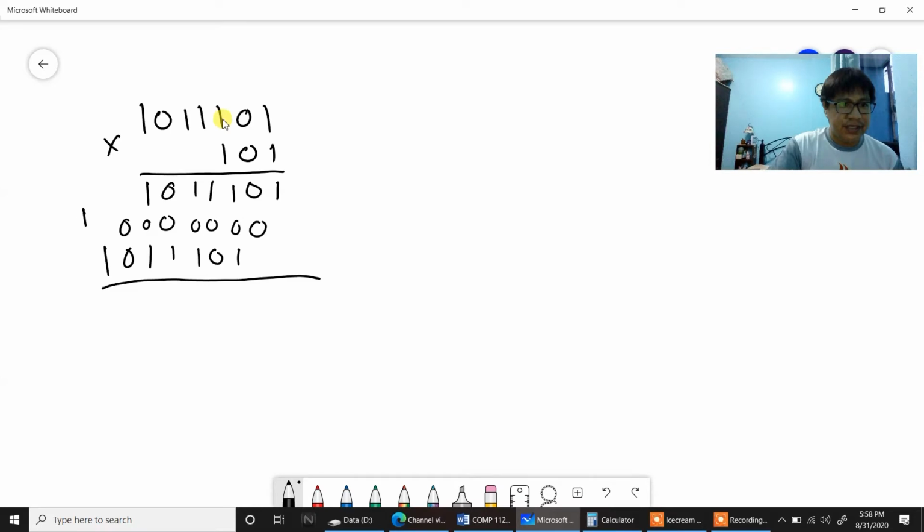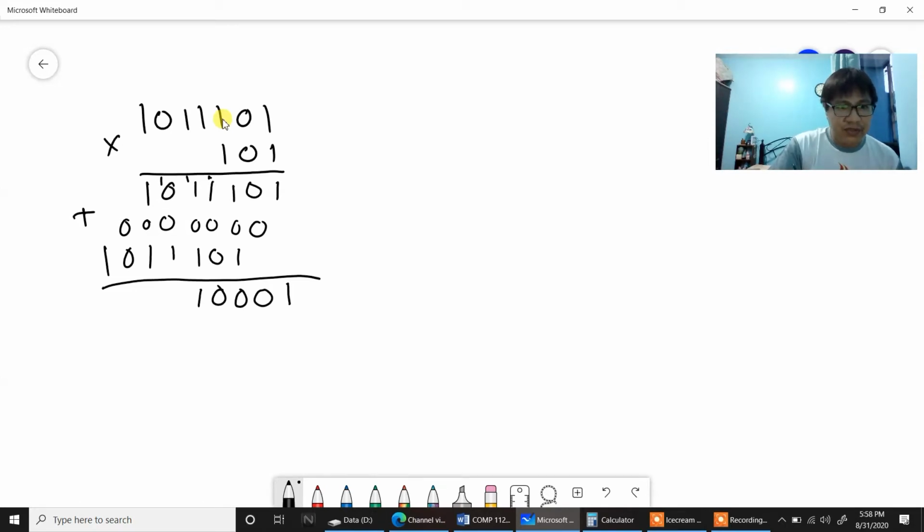Then we will add here. Since we have two 1s, bring down 0, carry 1. Then for the next, with the carry over 1, 1 plus 1 is 0, carry 1. Now we have three 1s; as in the previous lesson, if you have three 1s, you bring down 1 and carry over 1. If you have two 1s, you bring down 0 and carry over 1.